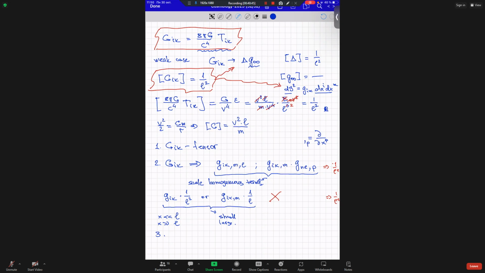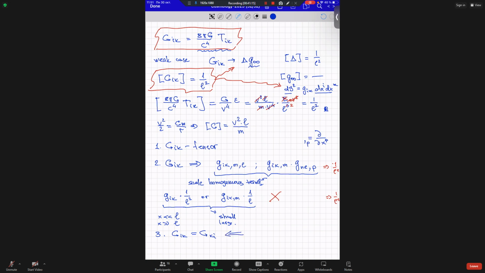So the third property: we can understand that this tensor should be symmetrical relative to permutation of its indexes. So G_ik should be equal to G_ki. Why?